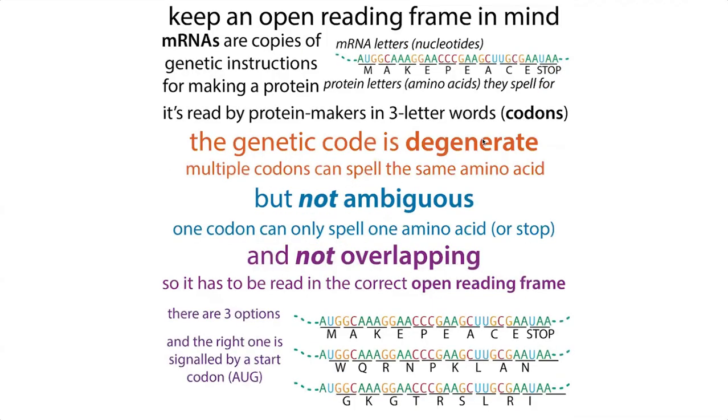However, if those mutations don't get fixed in time, well, then you can get permanent mutations. And these mutations may or may not cause changes in the protein that gets made due to the degenerate nature of the genetic code, where multiple codons encode for a single amino acid.